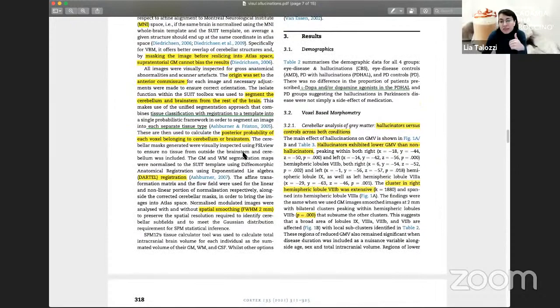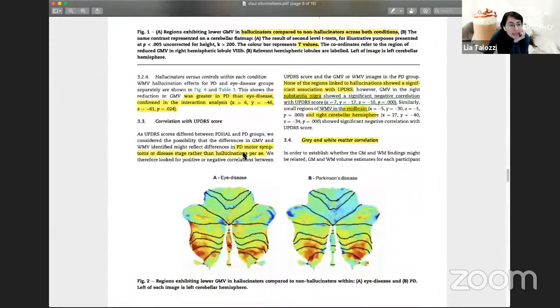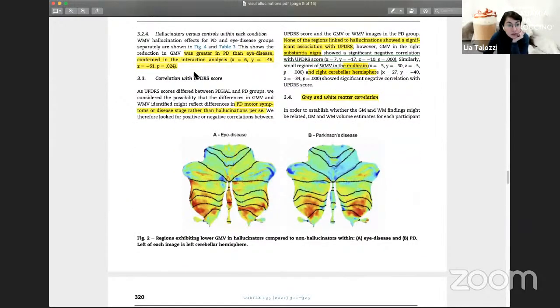But they found the same involvement in the cerebellum, which can mean that there is a common process there, but also some differences. For example, the Crus I can be more related to the dorsal attention network, and they tried to see if there was a correlation with the Parkinsonian index, but there was not.